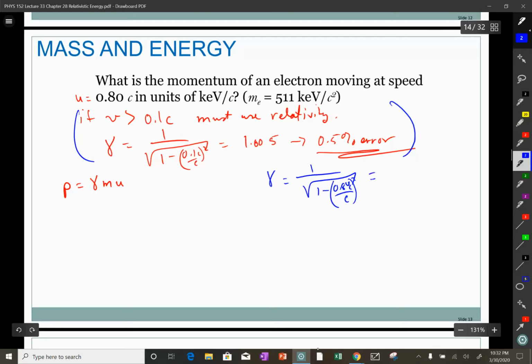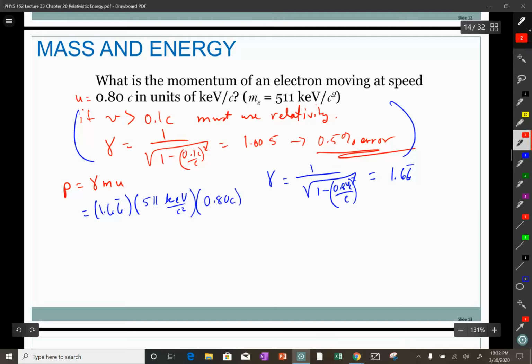We actually did this a lot in the previous lectures. That's 1.66 repeating. And so the momentum is going to be 1.66 repeating times the mass, which is 511 kiloelectron volts per C squared, multiplied by a speed of 0.80 C.